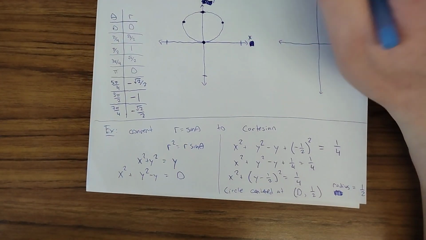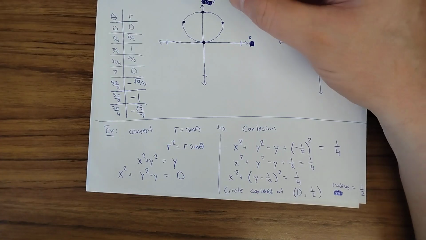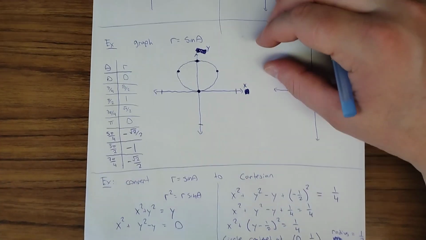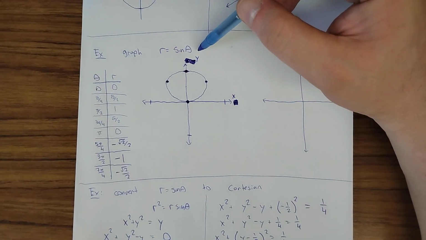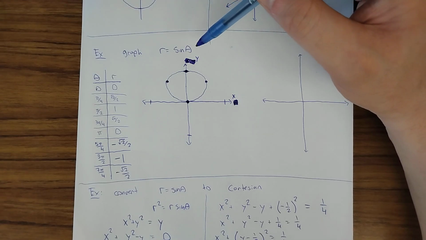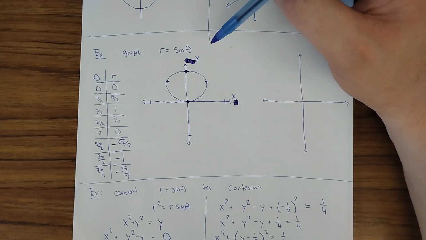I like this example because it does illustrate how when you're graphing an equation defined by polar coordinates, the negative r's do come into play.